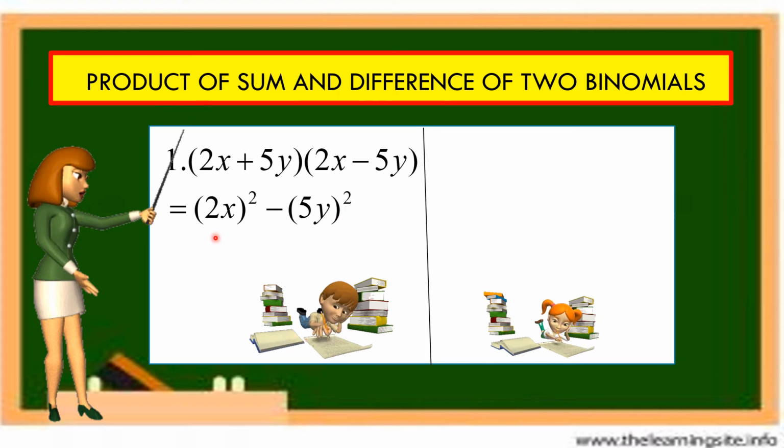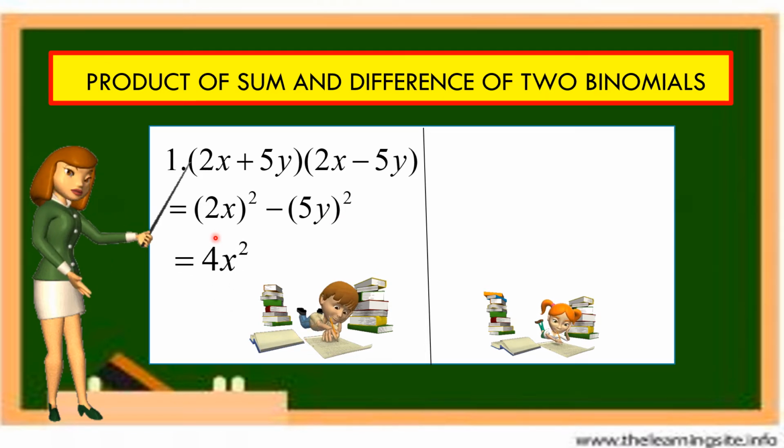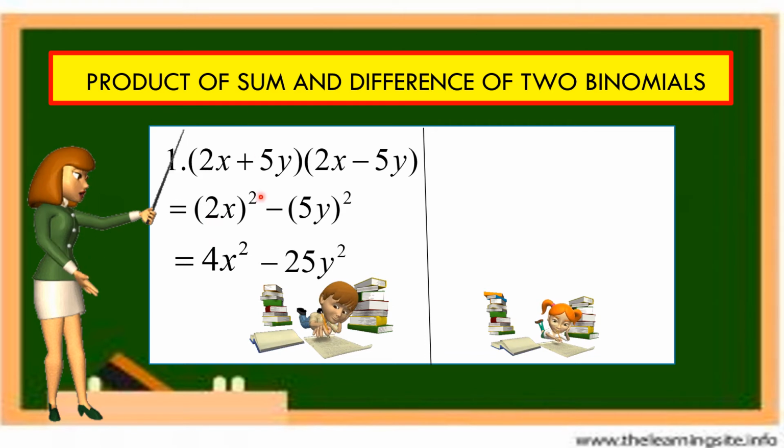So 2x times 2x is 4x squared, and 5y times 5y is 25y squared. So just square the first term minus the square of the second term equals 4x squared minus 25y squared.